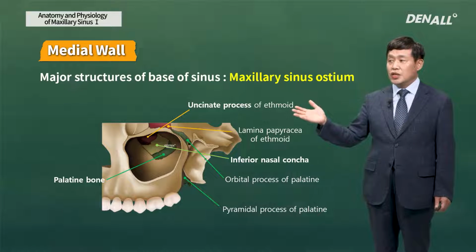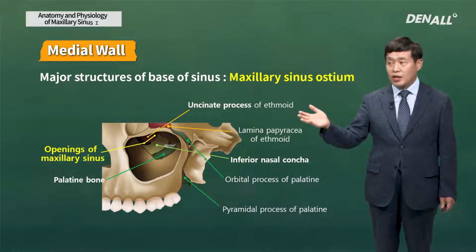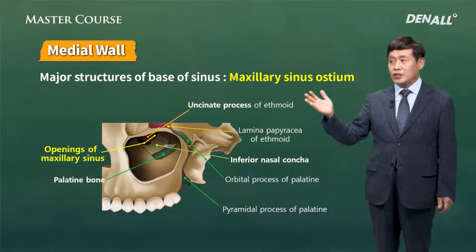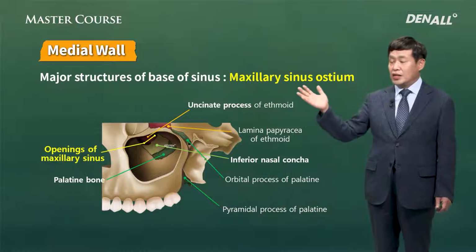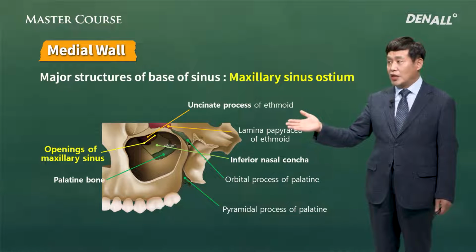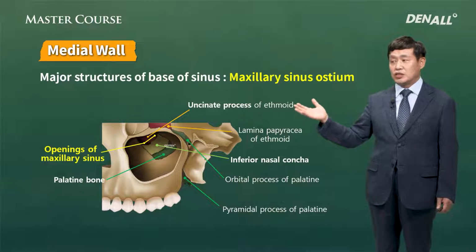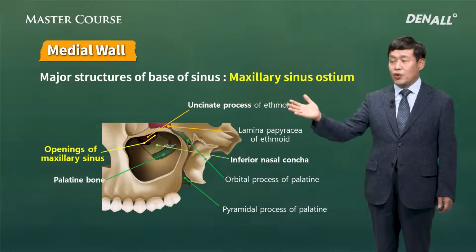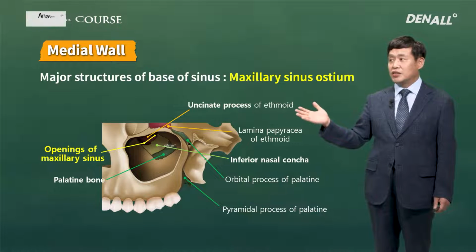Simply put, it is an opening for drainage to go to the nasal cavity. As I said, it is an opening between the inferior turbinate bone and the ethmoid bone. The uncinate process and other structures exist which make access very difficult, but basically it is an opening between the ethmoid bone and the inferior turbinate bone.